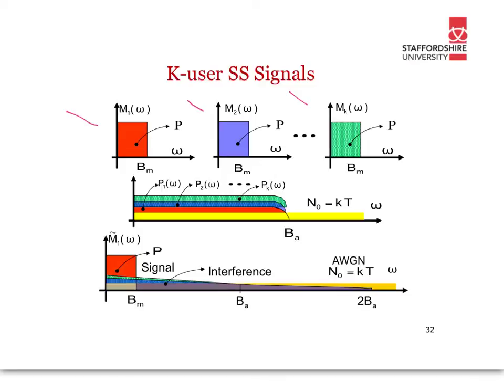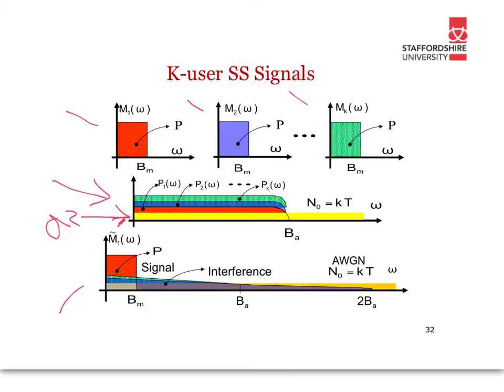Then we spread the signals, shown on top of each other here just so that we can see them all. We also have the noise here, or sigma squared, which is N0 BA.